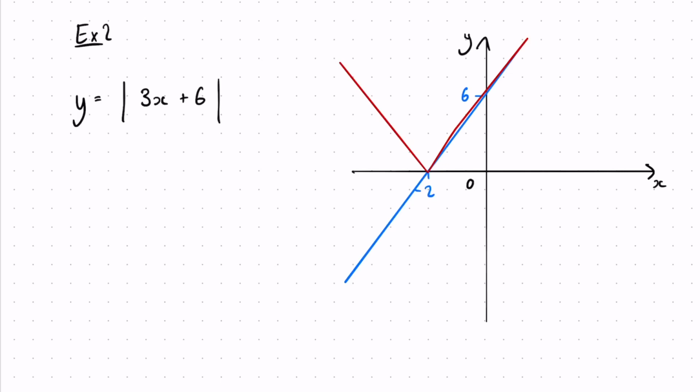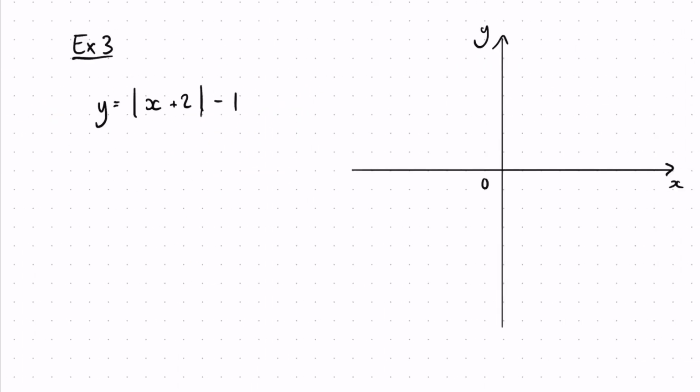Okay, so let's have a look at another one, slightly more difficult this time. This is y equals modulus x plus 2, minus 1. So to sketch this graph, the first thing I'm going to think about is what the graph y equals modulus x plus 2 would look like.